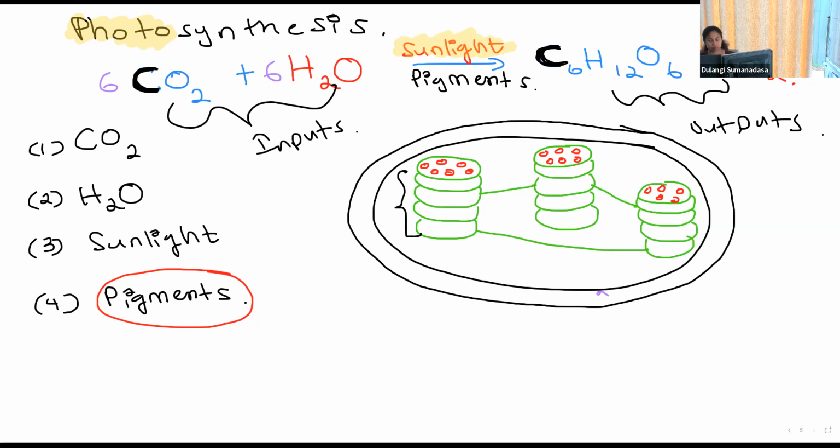Right? Okay, let's do the pigments. So I'm going to go to the next slide and we're going to do the pigments separately.